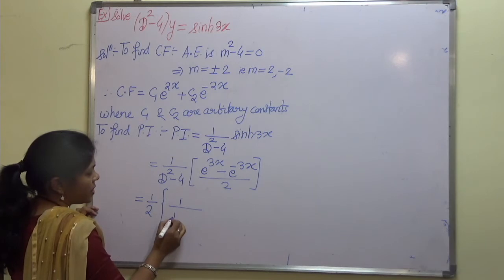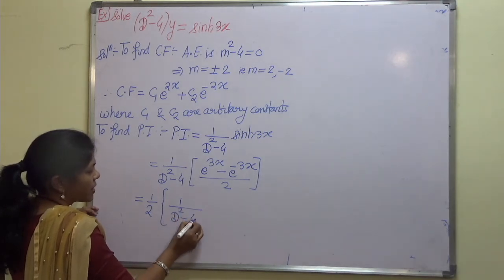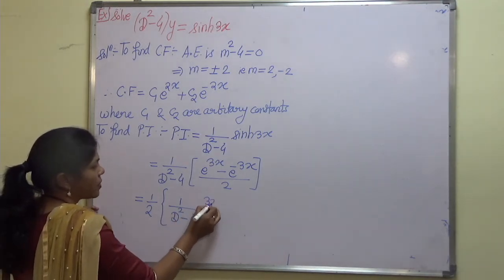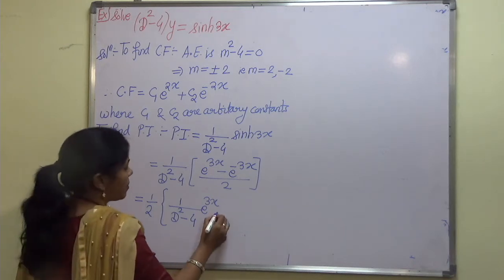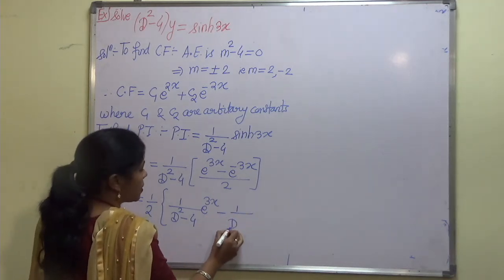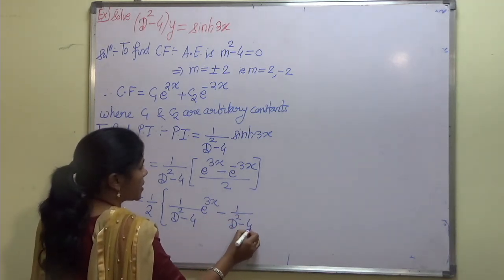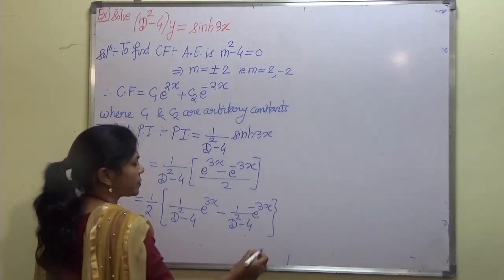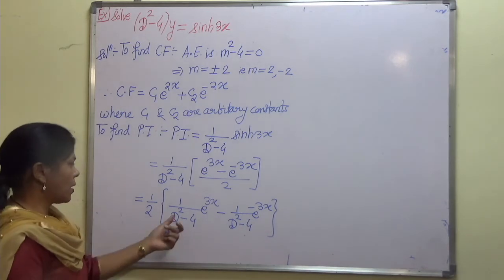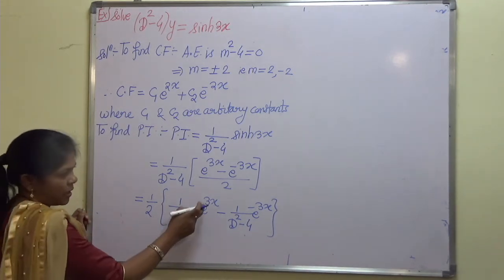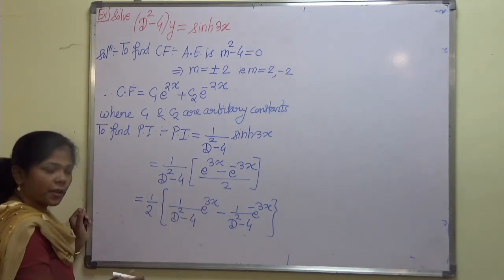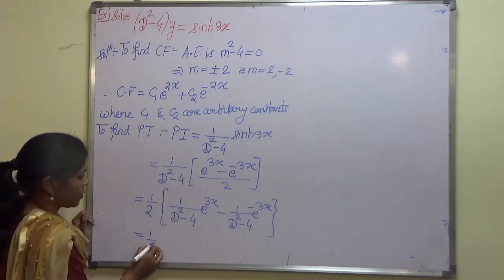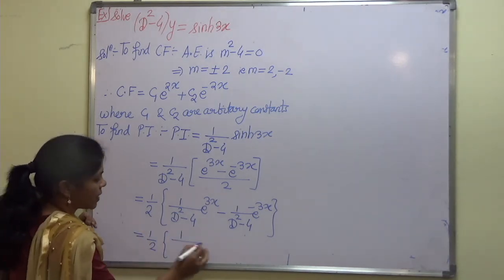So 1 upon d square minus 4 operating on e raised to power 3x, then minus 1 upon d square minus 4 operating on e raised to power minus 3x. Now replace d by a. What is a? 3. So it is 1 by 2. A is replaced by 3.